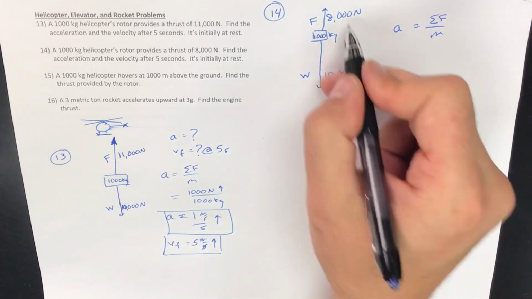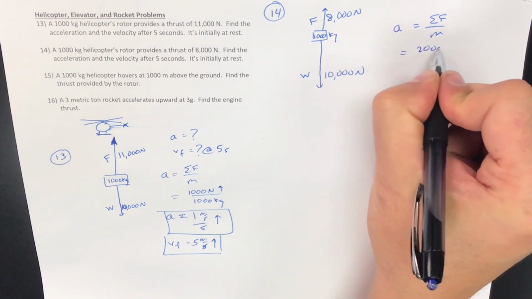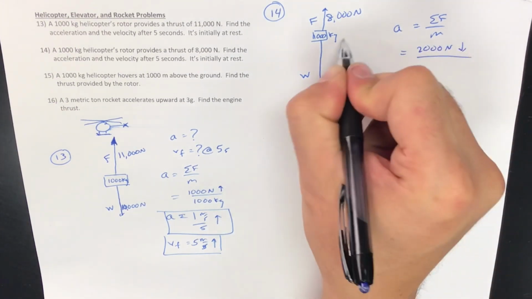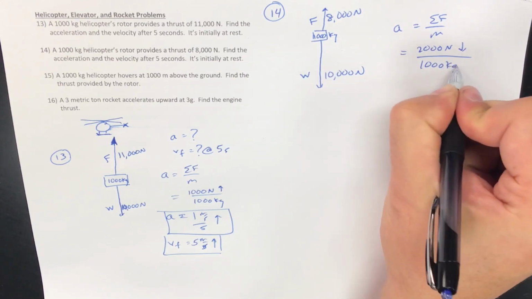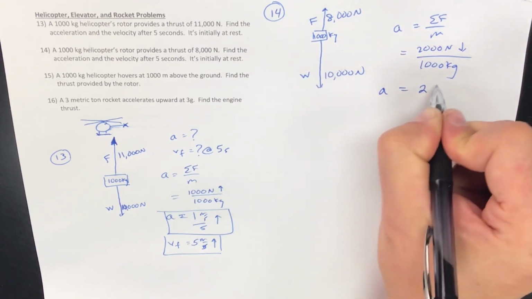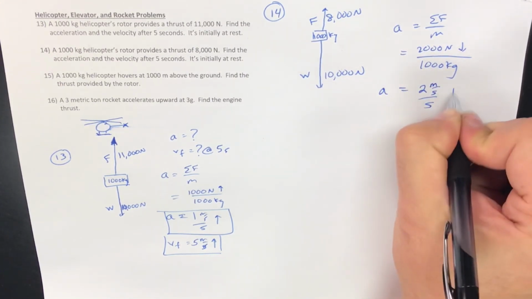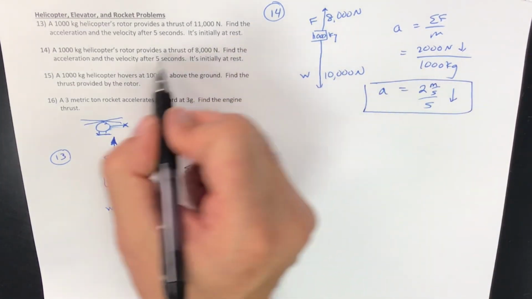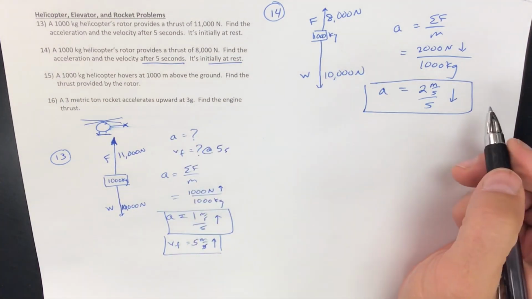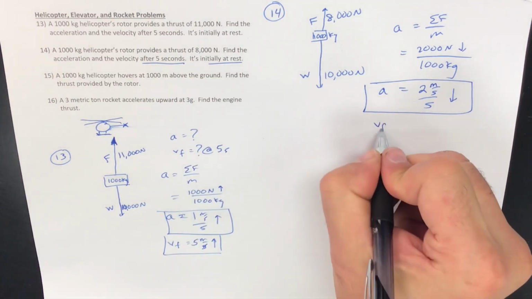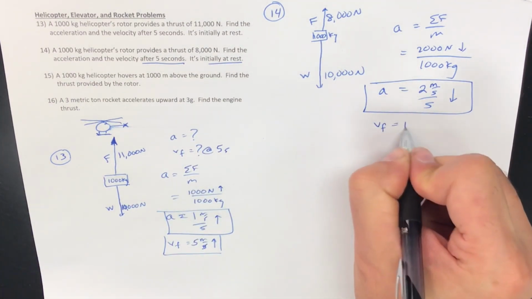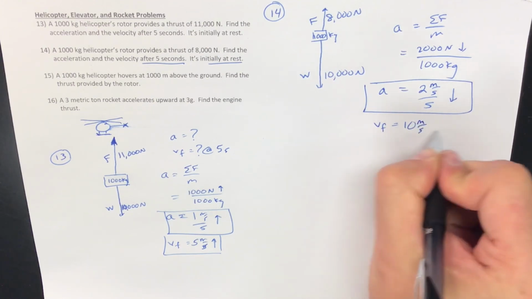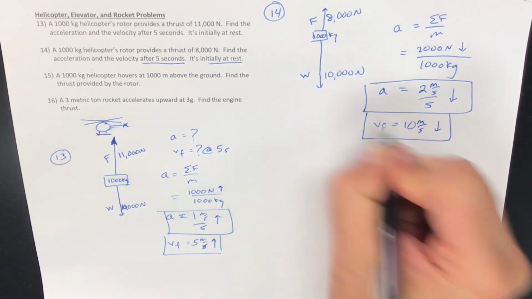Acceleration is net force divided by the mass, 2,000 newtons down, divided by 1,000 kilograms. Acceleration is 2 meters per second every second down. That's one answer. 5 seconds later, initially at rest, final velocity is 5 times 2, which is 10 meters per second down.